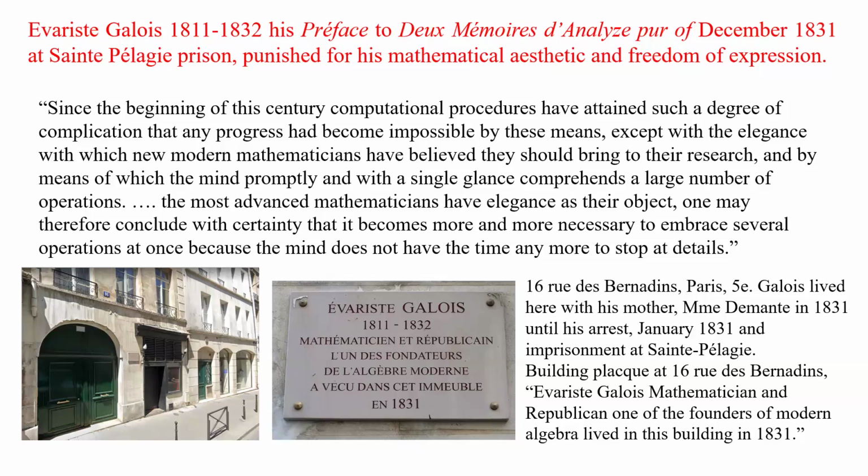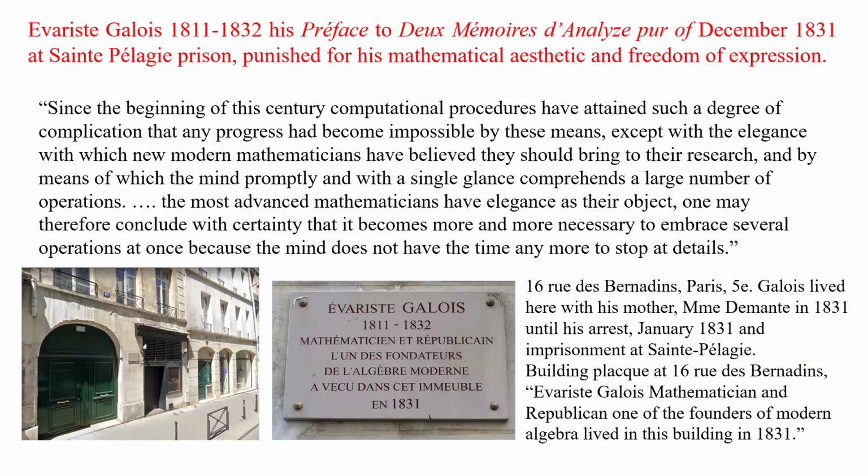It's not a single linear vision. It's like the brain of a human, and that was pretty advanced. No more time to stop at details. You can imagine if he expressed these ideas in his classes at the Polytechnique, that's why he got thrown out, he was expelled.